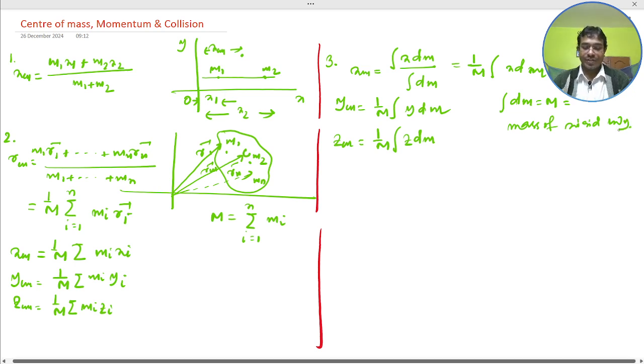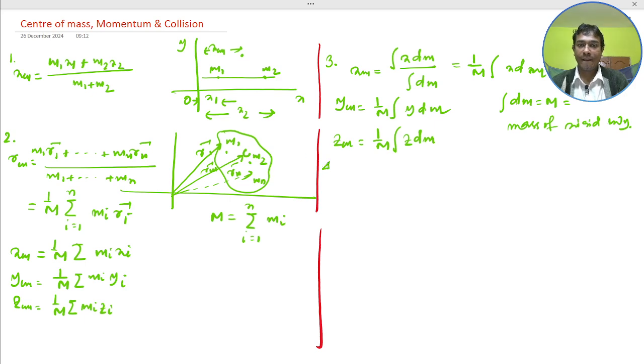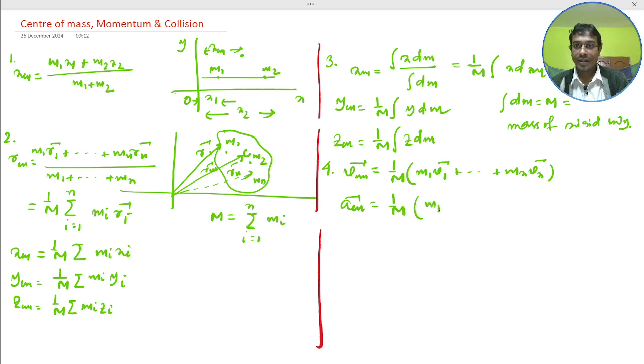Velocity of center of mass. The velocity of the center of mass, Vcm vector, is 1 by M (m1 v1 plus ... plus mn vn, the nth component of velocity), and the acceleration acm is written as 1 by M (m1 a1 plus ... plus mn an).